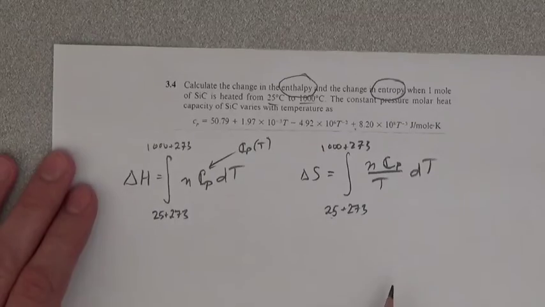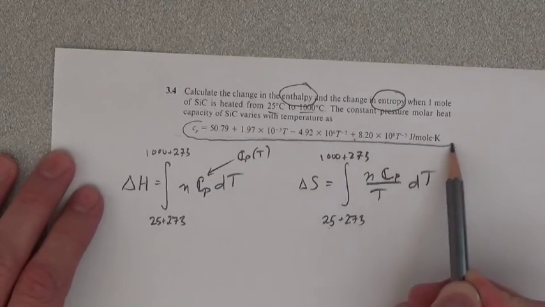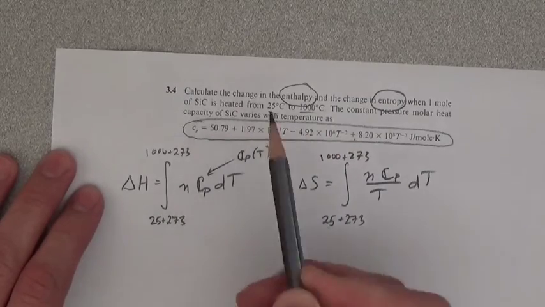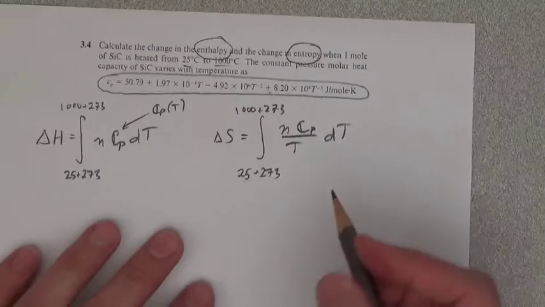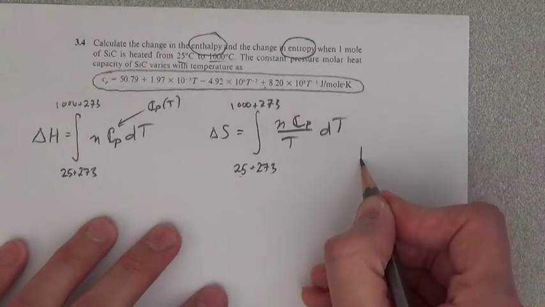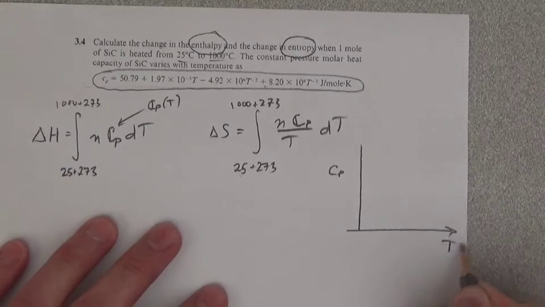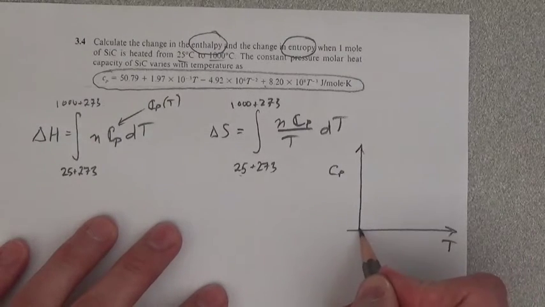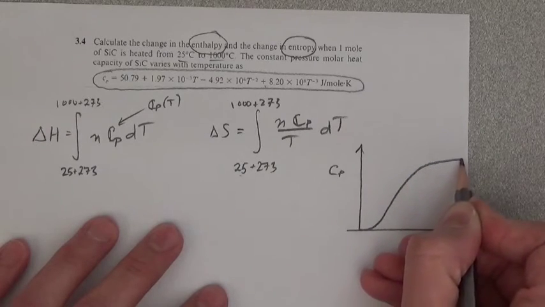And that's it. This equation is the functional form of heat capacity as a function of temperature in most materials. In most materials, it looks something similar to this. And it starts out down here, comes up, and then it's flat.